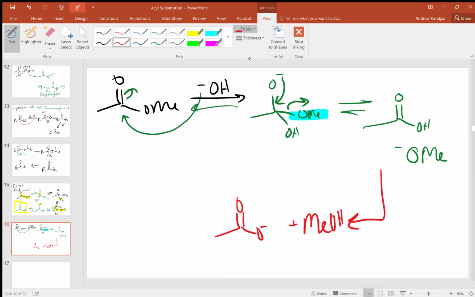If you think about a typical carboxylic acid, the pKa is somewhere around 4 to 5. But an alcohol has a pKa much closer to 18. So we have a huge preference in favor of the forward step here.